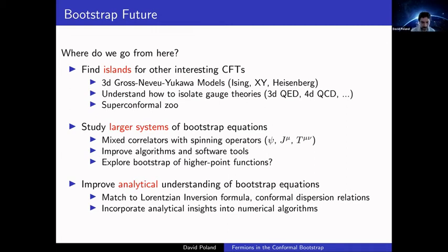Yeah, there have been various cases, so I think the answer is yes. I haven't thought about the particular situation you described, but for example, there's been a bootstrap attack on 4-dimensional N=4 super Yang-Mills theory, which has a line of fixed points, and there they try to study the line of fixed points, the conformal manifold.